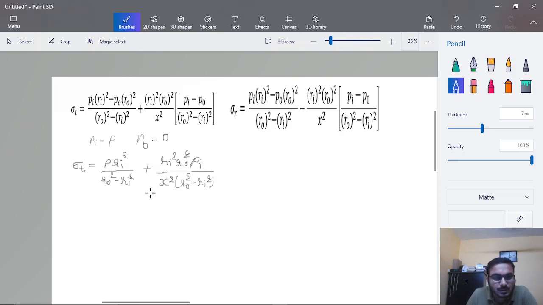So now we can take the common terms outside. So it is only P now.